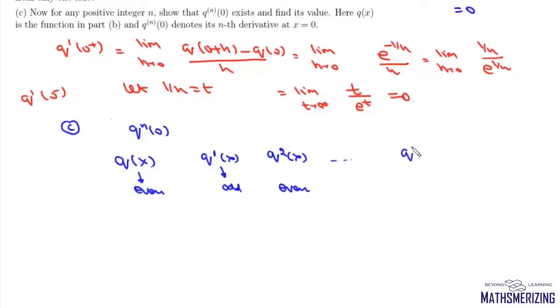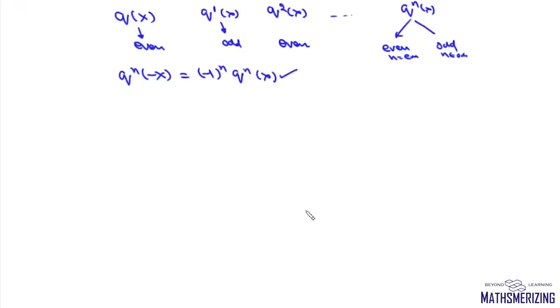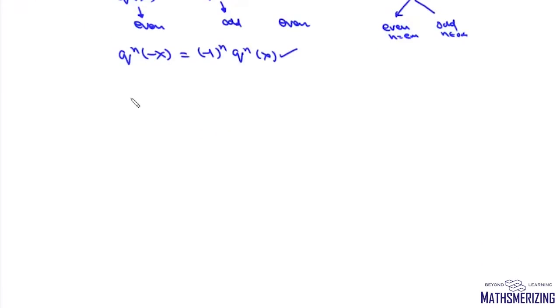So we can say this q^(n)(x) will be even when n is even, and it will be an odd function when n is odd. So we can simply write q^(n)(-x) will be (-1)^n q^(n)(x).